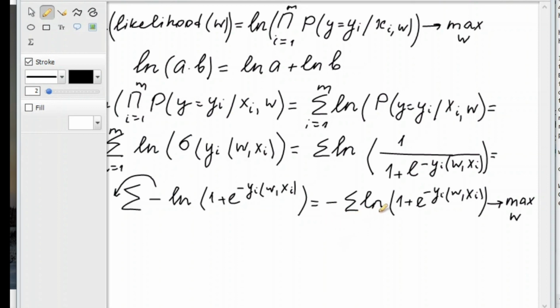We can rewrite it in another equivalent form, because maximization of such an expression is the same as minimization of the expression without the minus.